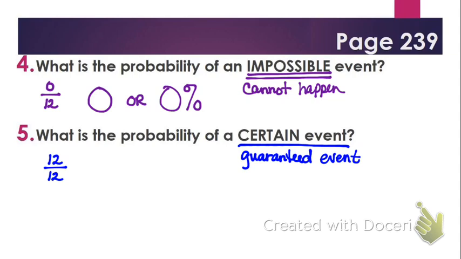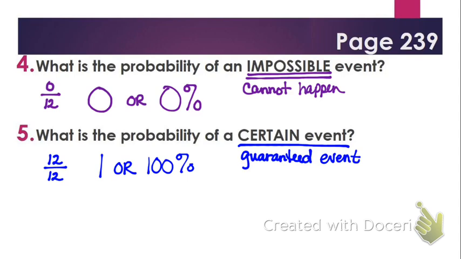What would that be if I asked you to write it as a decimal? 1, or 100%. When we're talking about percents, it's going to go anywhere between 0% and 100%. When we're talking decimals, it's going to be between 0 and 1, because our fraction would be something like 12 out of 12. Does that make sense?